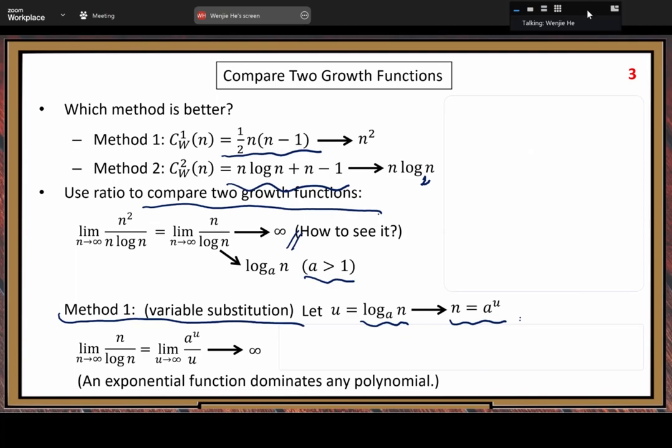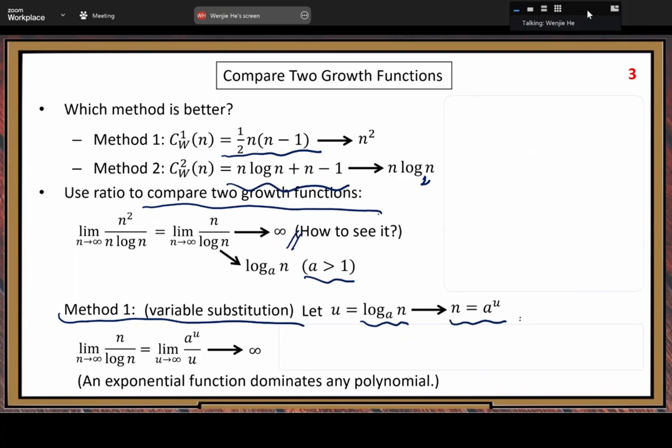Then we need to apply some calculus techniques. You need to recall a little bit how to calculate limits in calculus. Here, in our method one, we do variable substitution.